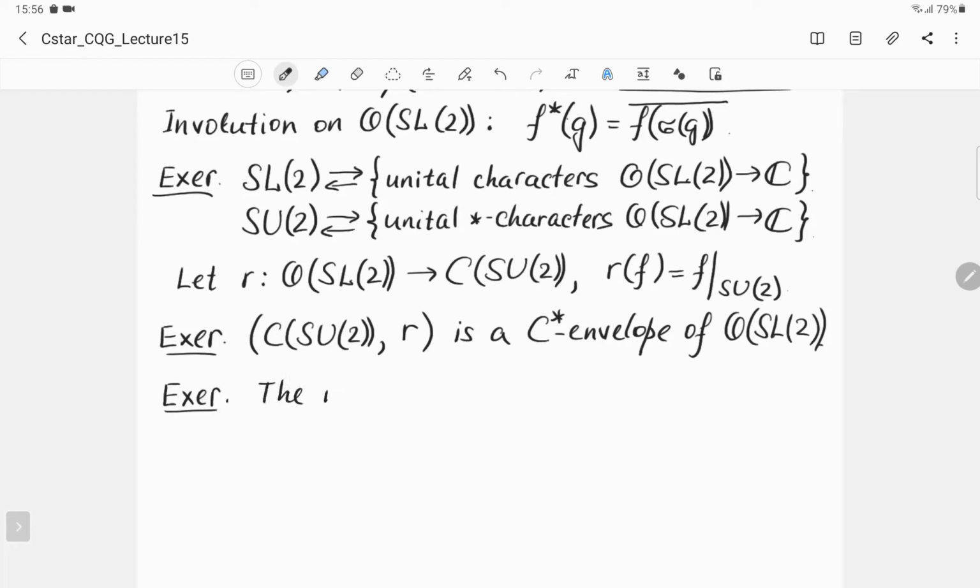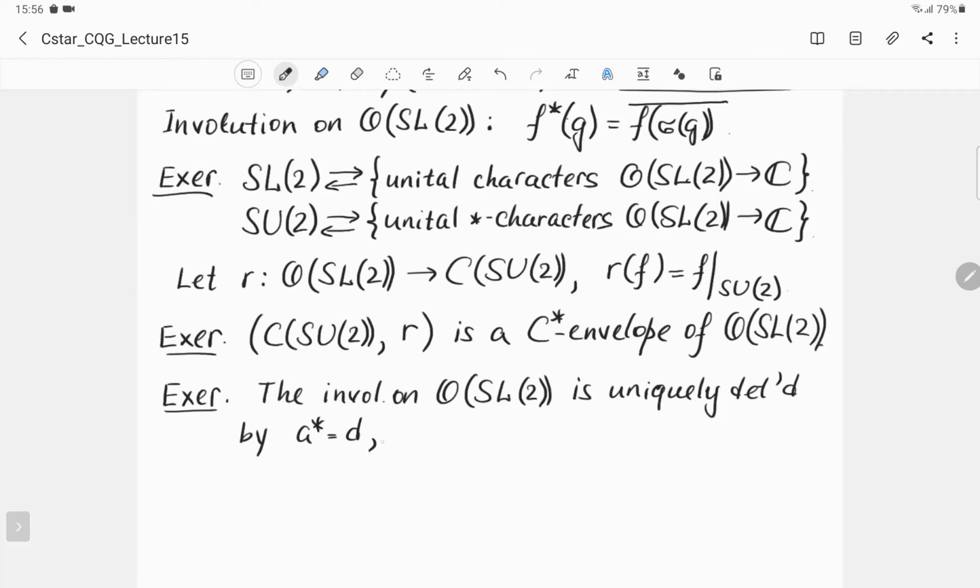The involution on our algebra of regular functions is uniquely determined by the following formula: A star equals D and B star equals minus C. Basically, this is equivalent to the well-known formula for inversion of 2x2 unimodular matrices.